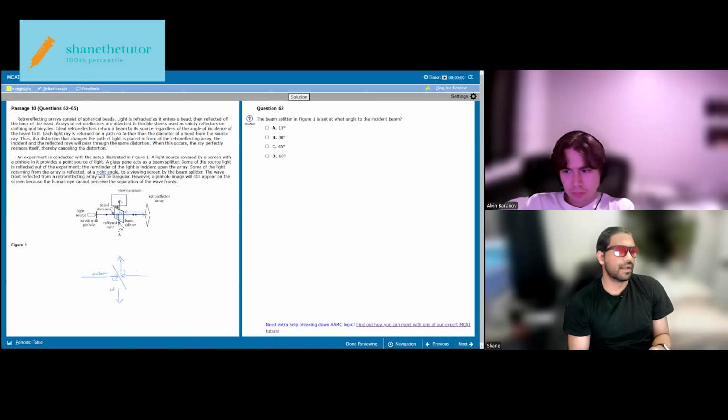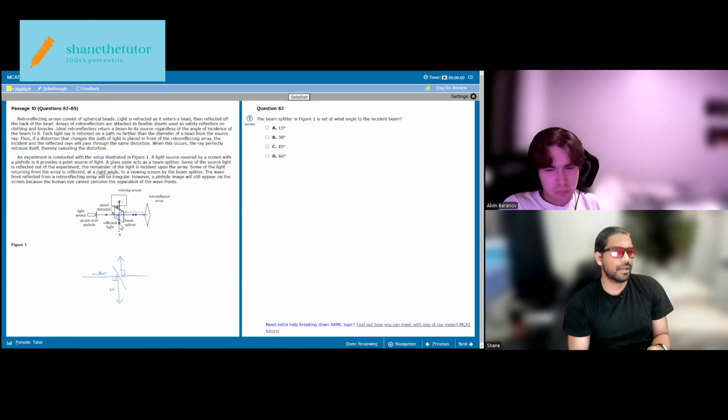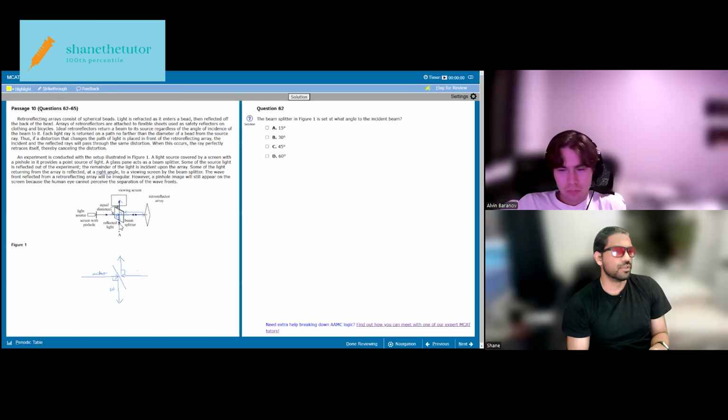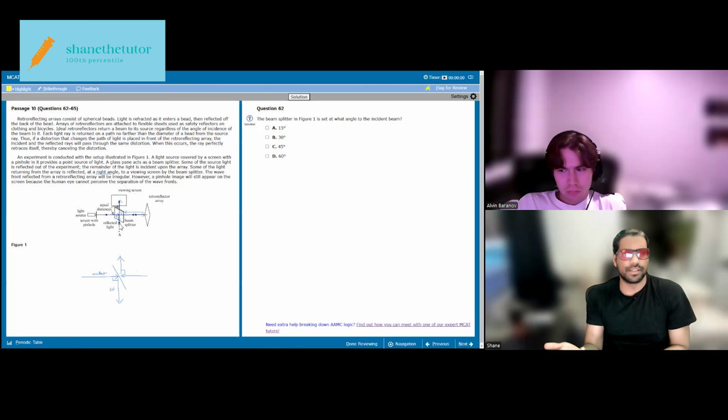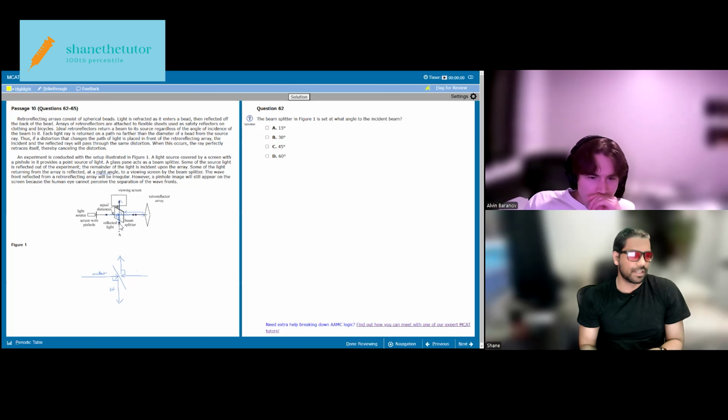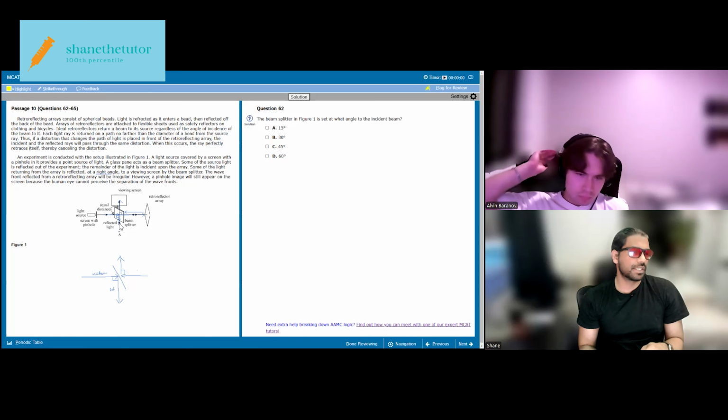All the other stuff seems to be saying that if a distortion happens, something can fix it in terms of this retroreflecting array, but also that when you do the beam splitter, the wavefront is irregular, but our eyes can't perceive the separation of the wavefronts.